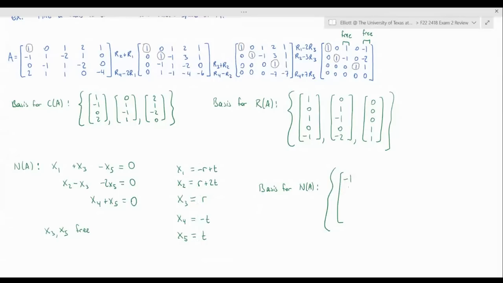So those are all the coefficients of R. And then you pull all the coefficients of T, which are 1, 2, 0, minus 1, and 1. And that's going to be the basis of the space, okay?